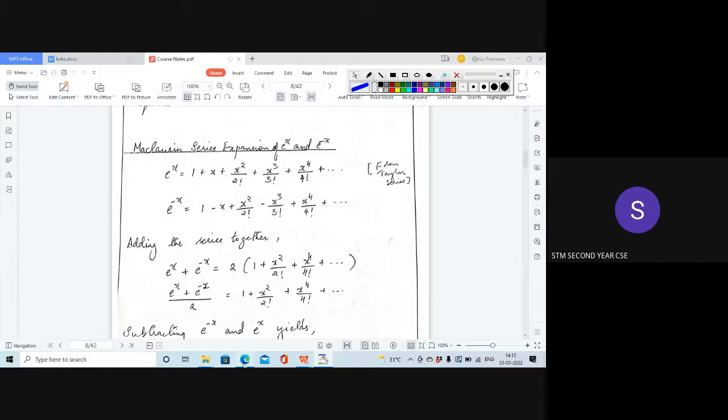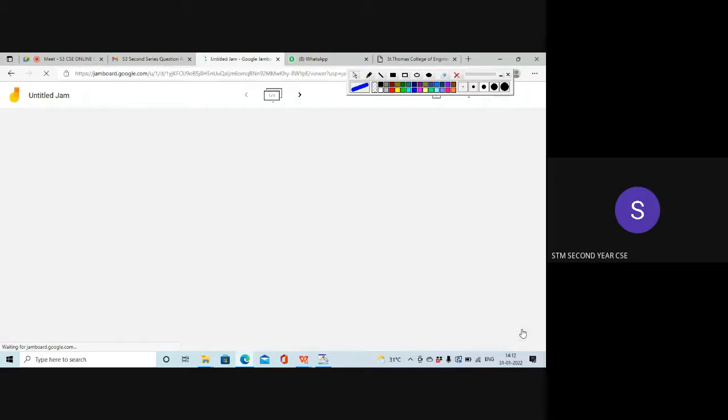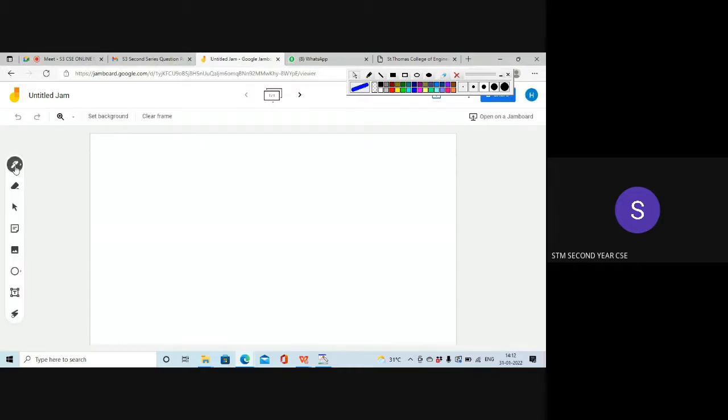Next heading is binomial theorem. How can we generate the exponential series from the binomial theorem?